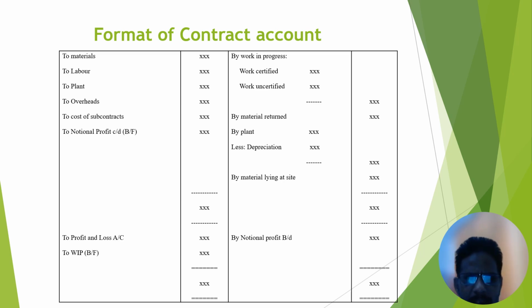This portion we can calculate by a formula or by applying some rules. So this bifurcation we will understand in the next slide. This is the format regarding contract account. When we find out the cost on a particular contract or we find out profit on a particular contract, then this process we have to follow.